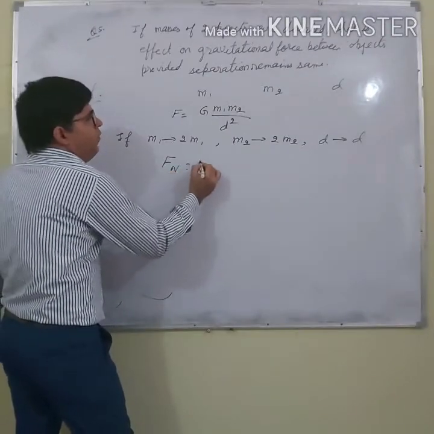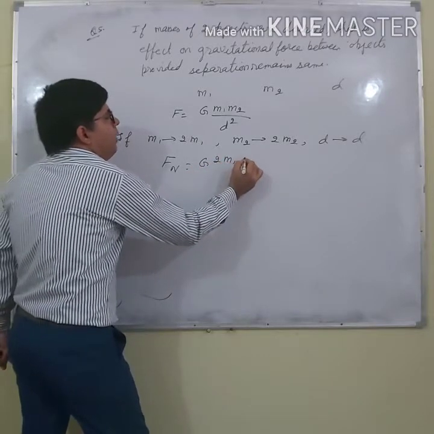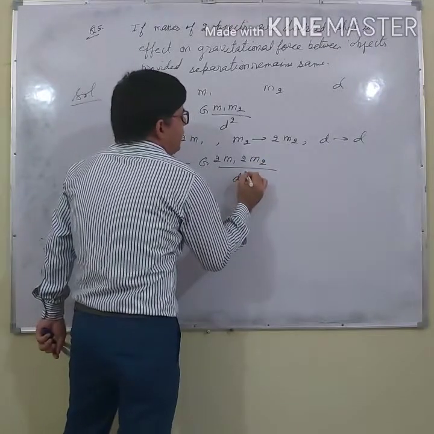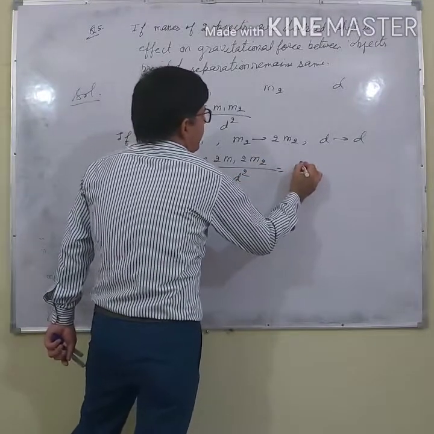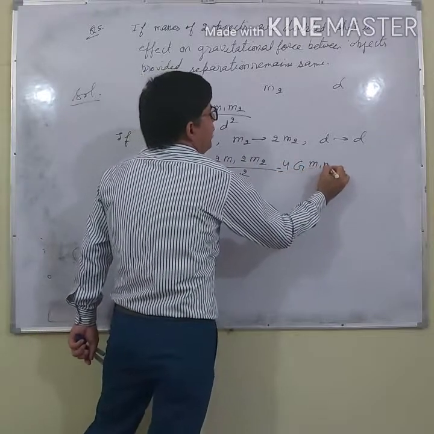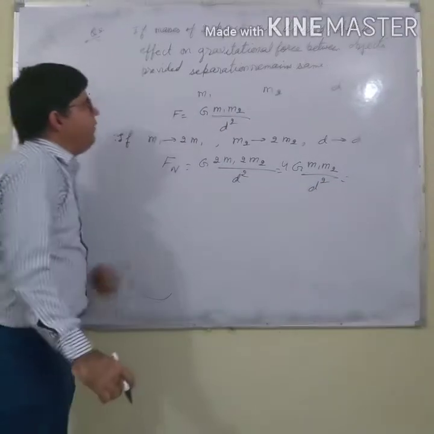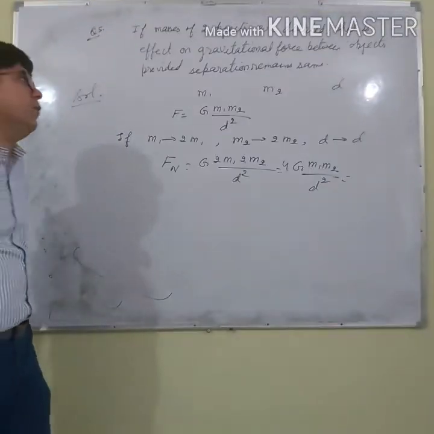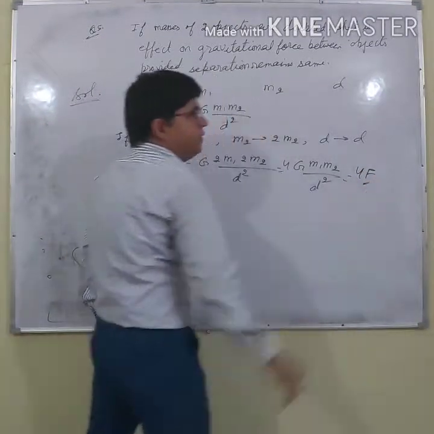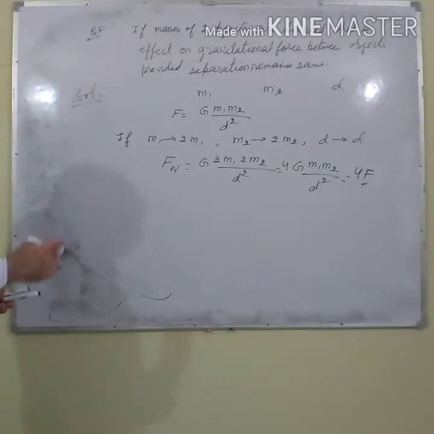Fn, n means new force. Capital G, in place of m1 I will write 2m1, in place of m2 I will write 2m2, d as it is. So it will be capital G, 2 2s are 4, so 4 m1 m2 divided by d square, and F equals capital G m1 m2 by d square. So this is 4 times, so I can say force will increase 4 times.